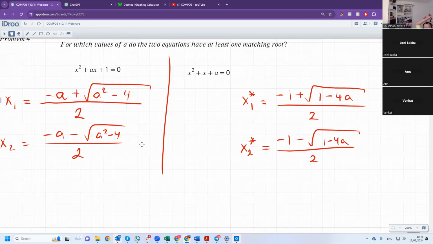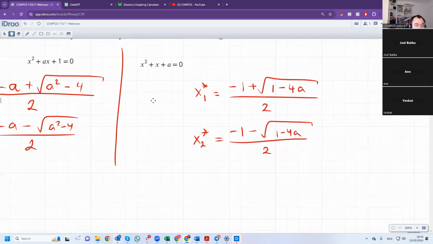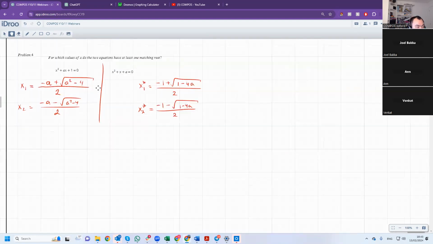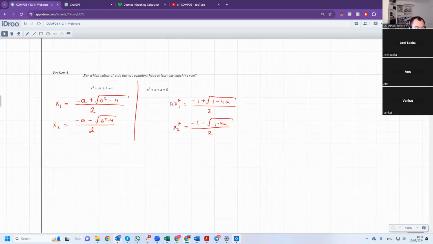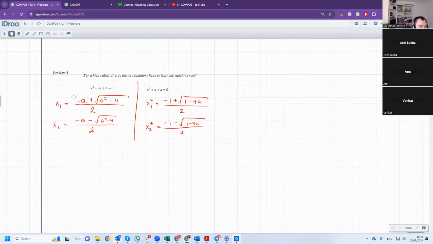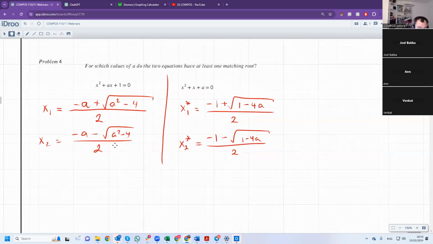You also need to notice that in order to have roots, this has to be positive. So comparing them directly is quite an arduous task, trying to make them match.